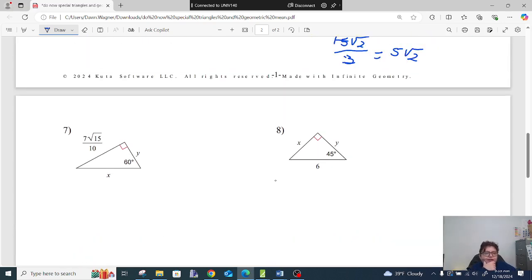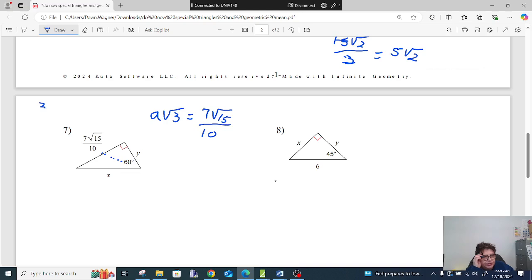So this one we're given across from the 60. And if it's across from the 60, you know that a square root 3 has to equal 7 square root 15 over 10. What would I do to both sides to solve for a?